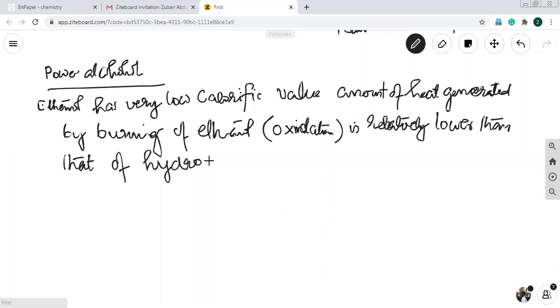Petrol is nothing but hydrocarbon, relatively lower than that of hydrocarbon, petrol, diesel.